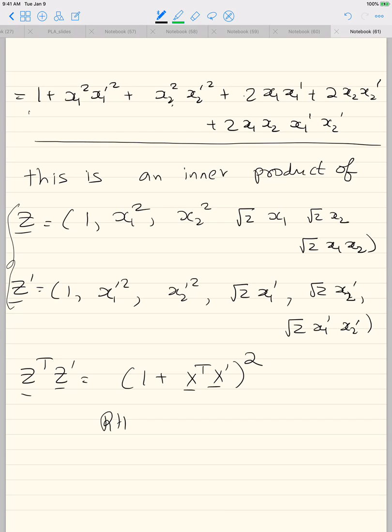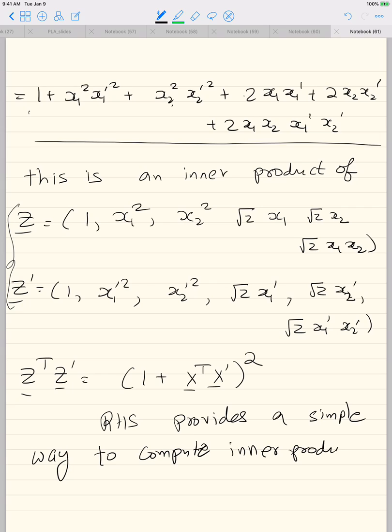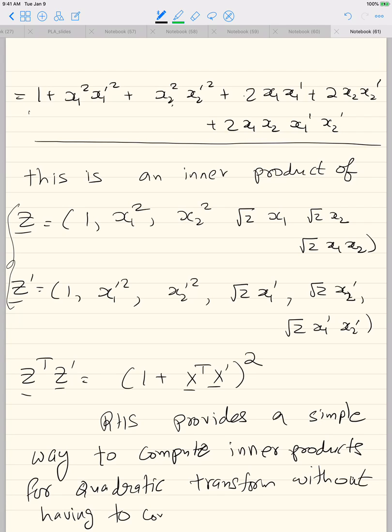The right hand side provides a simple way to compute the inner products for the quadratic transformation without having to compute z and z prime.